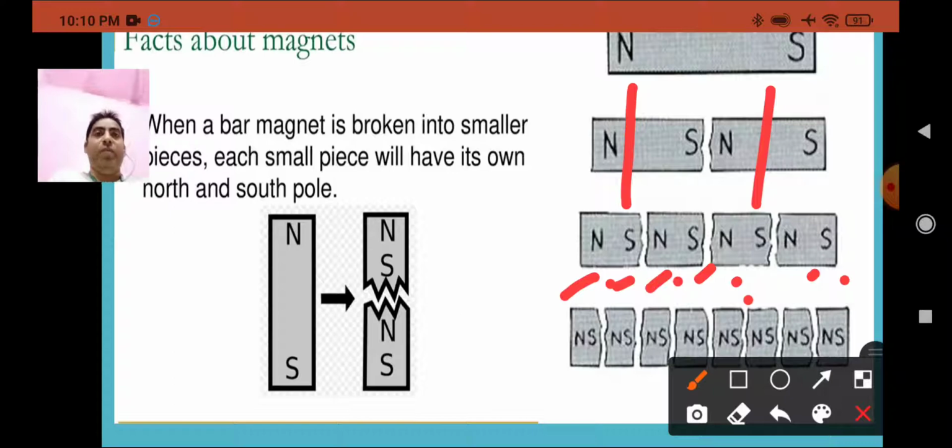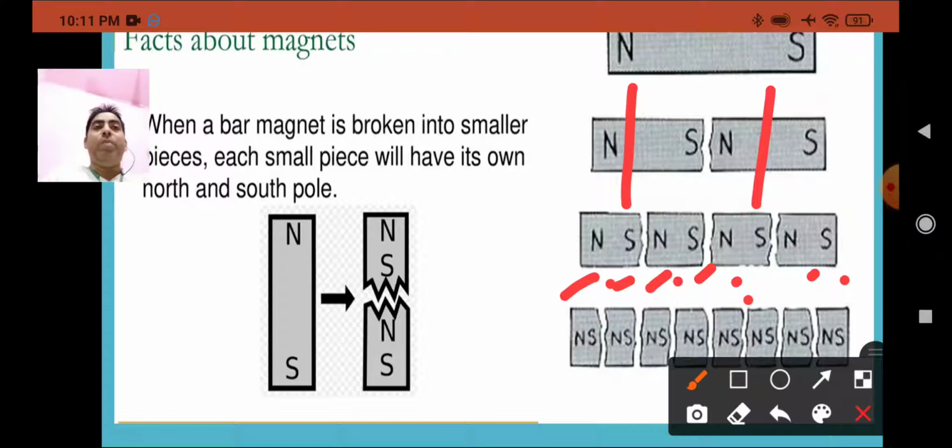If you continue breaking the magnet into smaller pieces, each piece of the magnet that you obtain will have both north and south poles. Thus, even the smallest piece of a magnet is a complete magnet in itself. This means that we cannot isolate the north pole or south pole of a magnet.